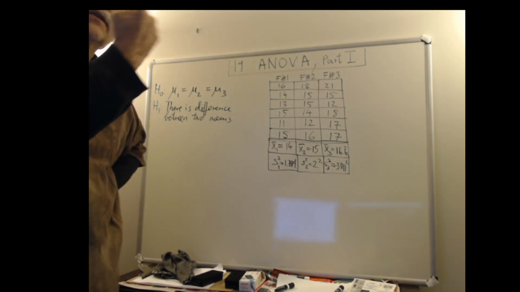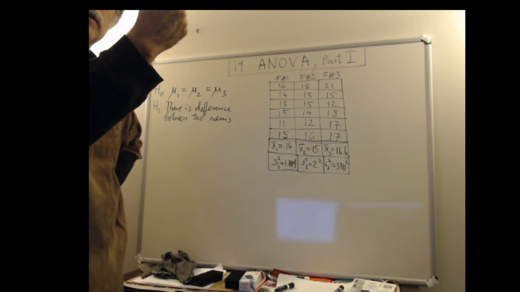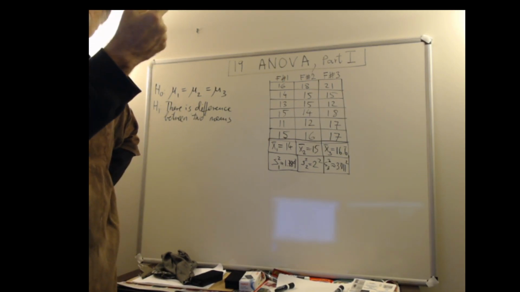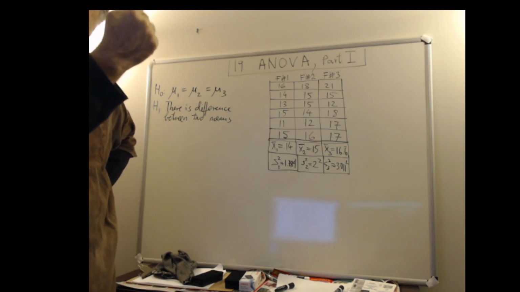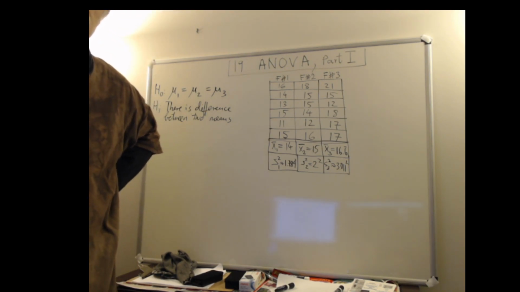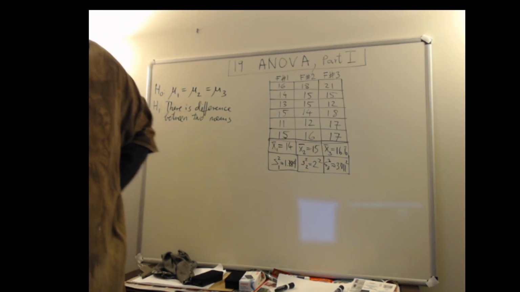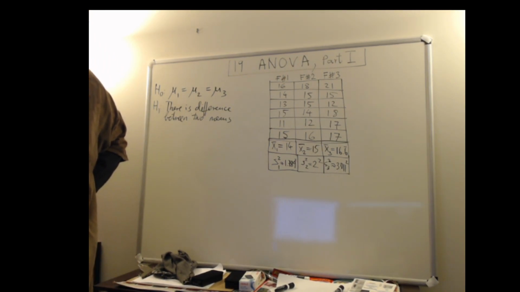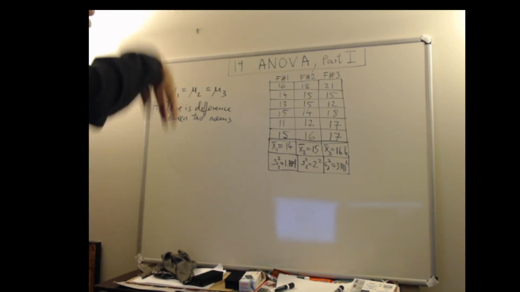You compare the first, second, first, third, first, fourth. Then second, third, second, fourth, then third, fourth. That's 6 tests. If you have 5 groups, it will be 10 tests. And on you go. So, instead of having that many tests, you just do the ANOVA.